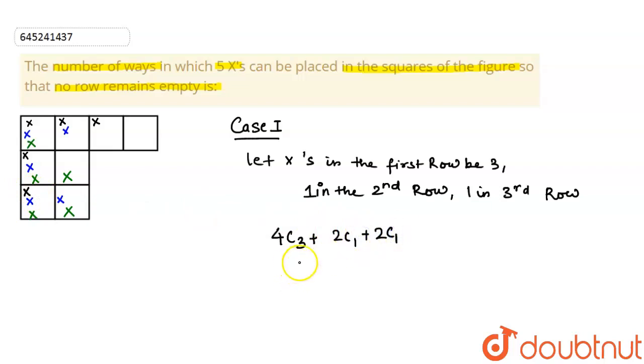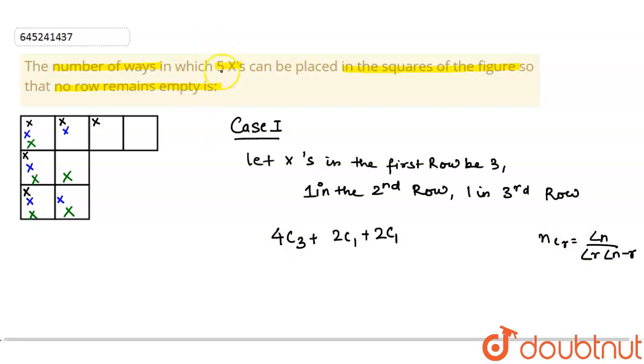So what is the formula of nCr? nCr is equal to factorial n upon factorial r into factorial n minus r. So use the formula accordingly. So what do I get? I get factorial 4 upon factorial 3 into factorial 1, and factorial 2 upon factorial 1 into factorial 1, and factorial 2 upon factorial 1 into factorial 1.